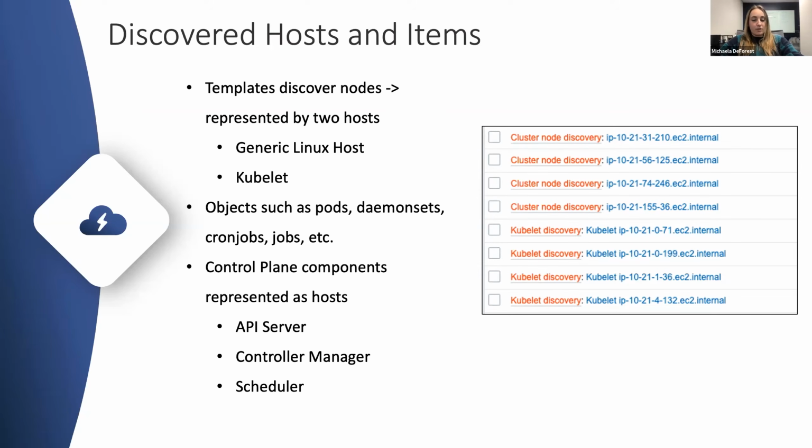Zabbix also discovers control plane components in environments with unmanaged control planes. Each component is represented as a host, and component-specific templates are attached to each. Within each host, Kubernetes objects such as pods, daemon sets, deployments, cron jobs, and jobs are discovered and removed as they change within the cluster.